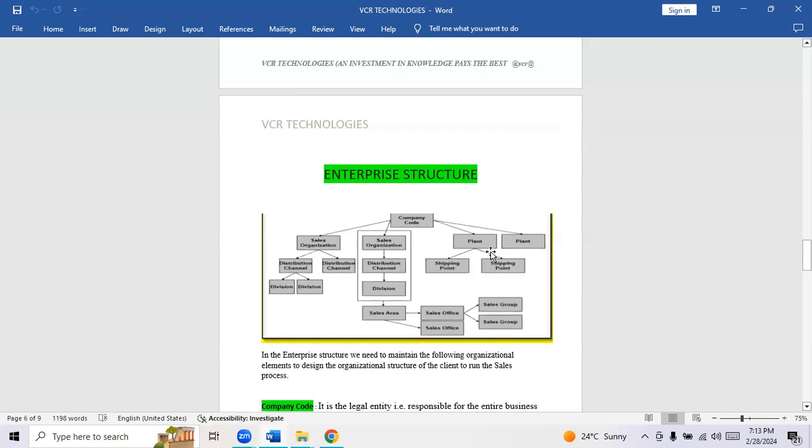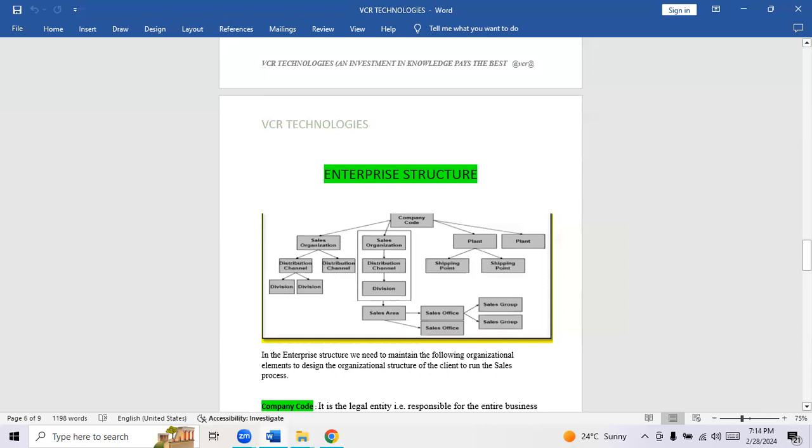The main intention of the enterprise structure is that the client has to run the sales process. For that purpose, we have to design all the following organizational elements. That's why we are using enterprise structure.